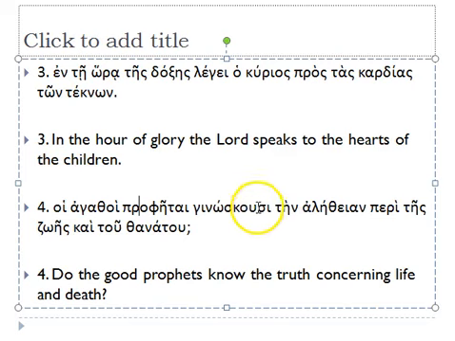The good prophets know what? Tein aletheon, a noun in the accusative case, direct object, they know the truth. The truth, peri tes zoes kai tu thanatu. Peri is a preposition that can take its object in the accusative case or in the genitive case, and it means something different, depending.